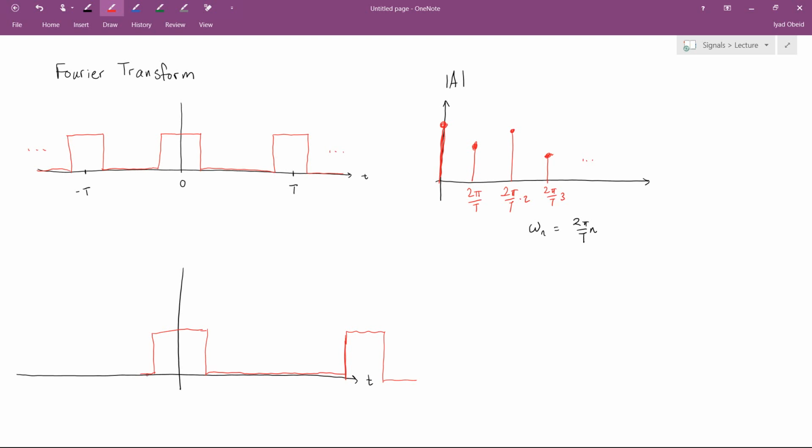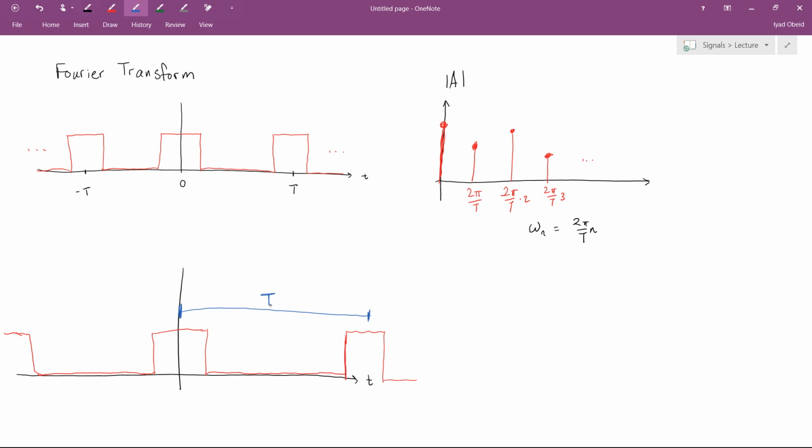So we're going to keep the periodic signal itself, the basic shape of it, the same, but we're going to increase the period. So now, whereas before we had T seconds as the period, now we have a new value of T, which is bigger.